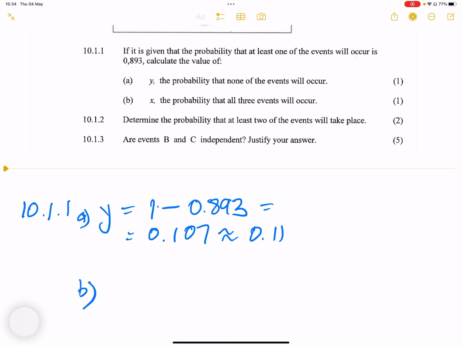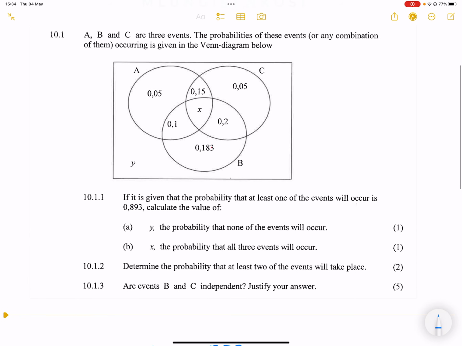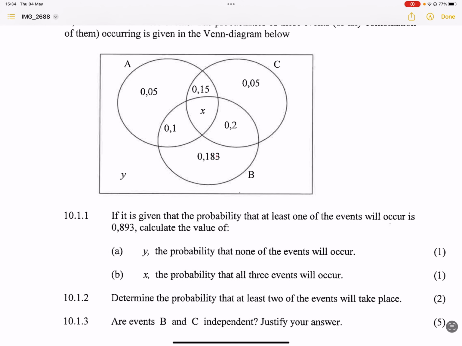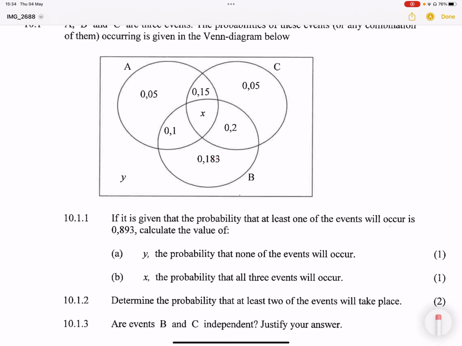Right, let's go to the B part of this. They say, calculate X, the probability that all three events will occur. Now, I want you to note that when we look at the probability of A or B or C occurring, what are we looking at?